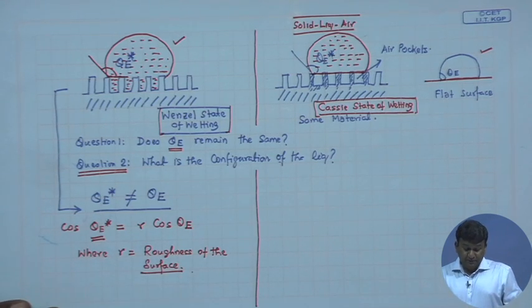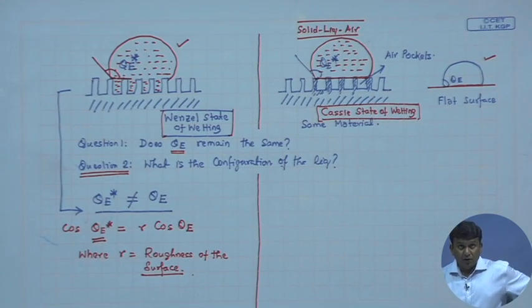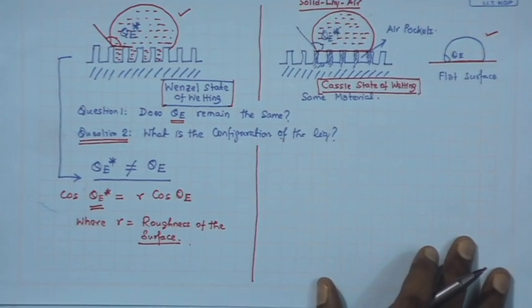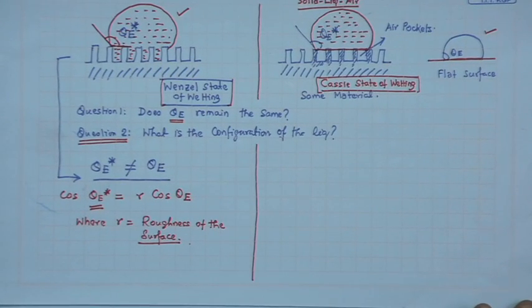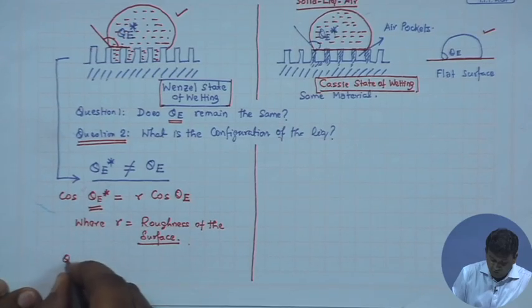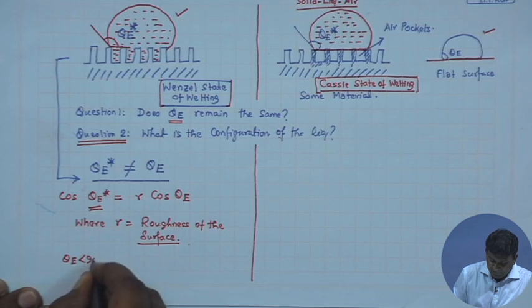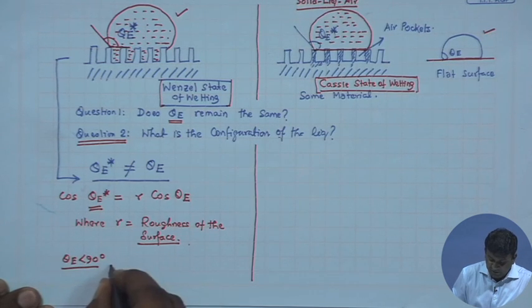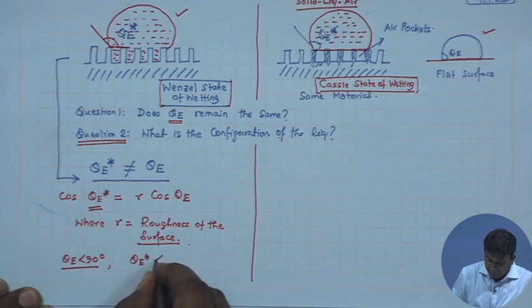This is interesting because we started this discussion with the basic understanding that you make a surface patterned or structured, and immediately your contact angle will increase, or the level of hydrophobicity will increase. But if your initial theta e is less than 90 degree, in fact it turns out theta star e is lower than theta e.